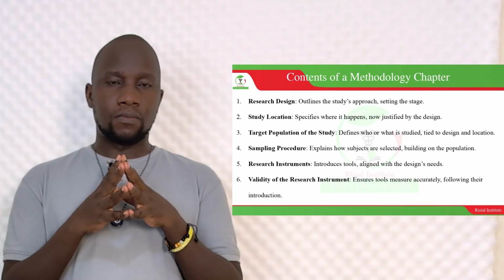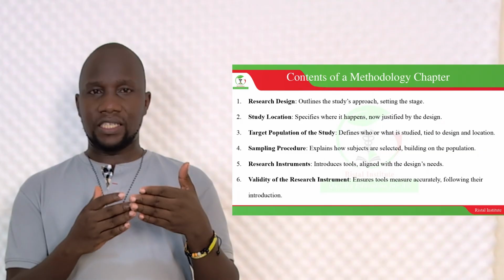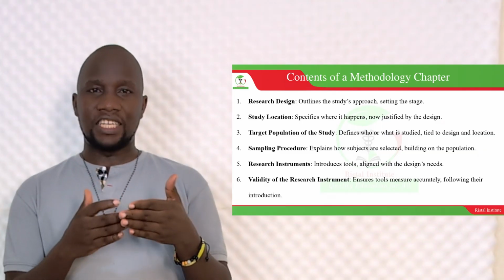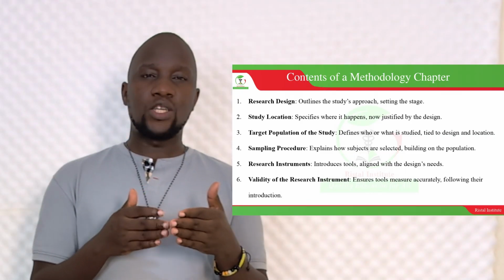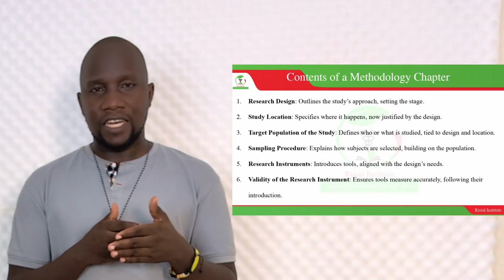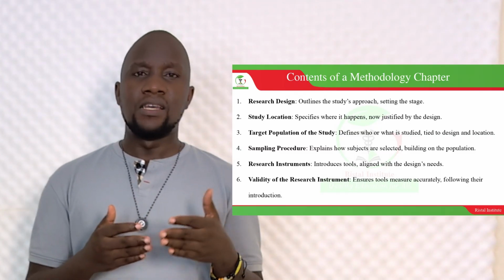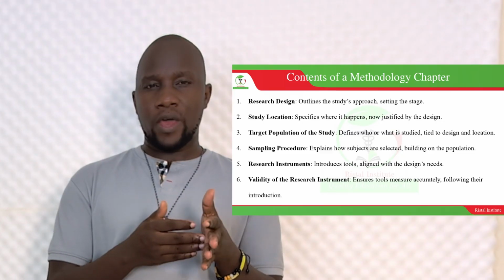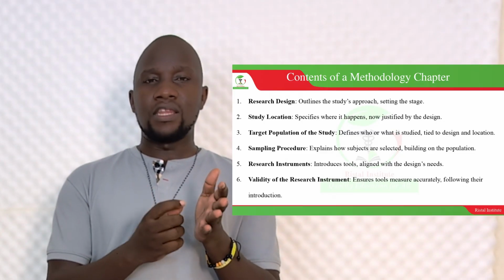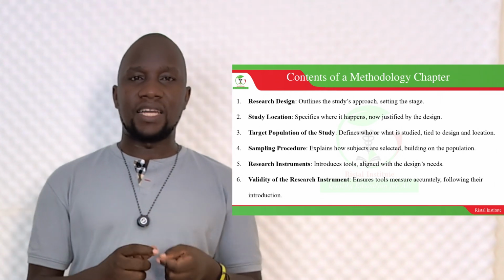So in some research reports, you will see location and context, or location and setting. These are all the same things. What do they refer to here? Sometimes the research findings make a lot of meaning if there is a clear description of where this research was actually conducted, especially the where part.